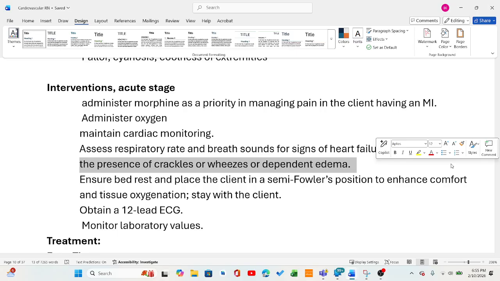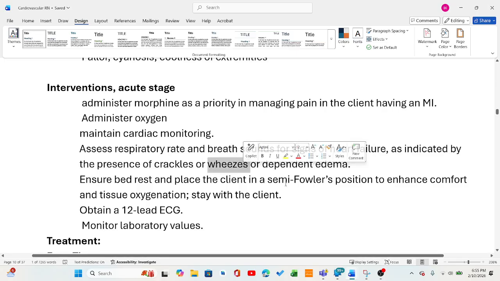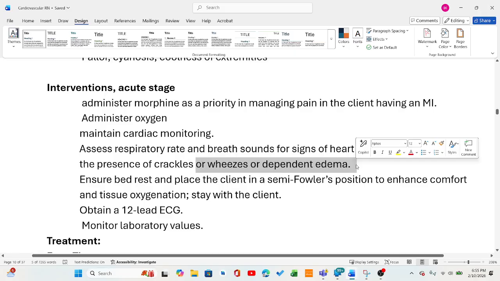When there's fluid building up in the lungs and you auscultate them, you hear crackles most of the time. You can also hear wheezes or dependent edema. If it is the right side of the heart, the person will have edema in the extremities. But with heart failure, you can get crackles, you can get edema. Those are the things that I want you to know for the NCLEX.